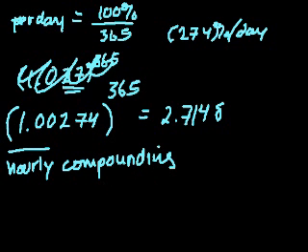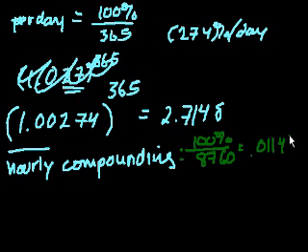So hourly compounding, I will charge you 100% divided by the number of hours in a year, which equals 0.0114% per hour.